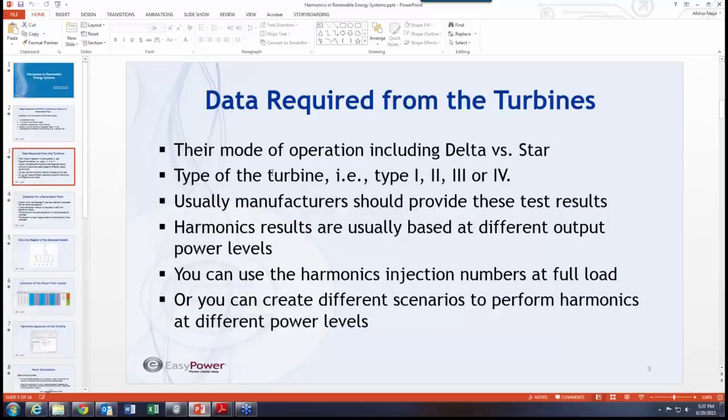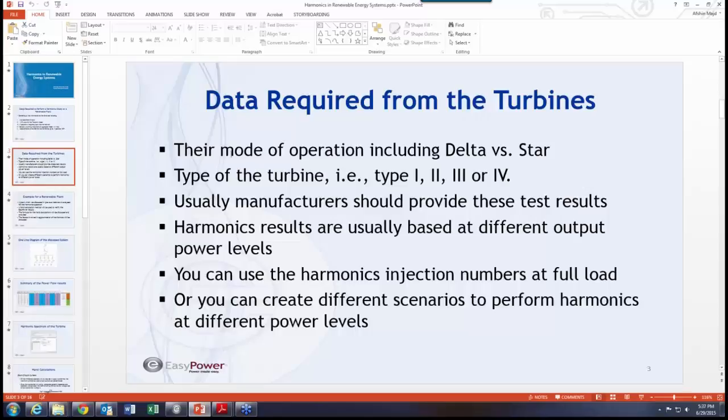Obviously, if you do perform a test, your test results, in my opinion, are going to be a more reliable source, because when you do a test, you test it on your system somewhere that you're going to connect your turbines. But regardless of what approach you use, as a software manufacturer, we can accommodate those data.